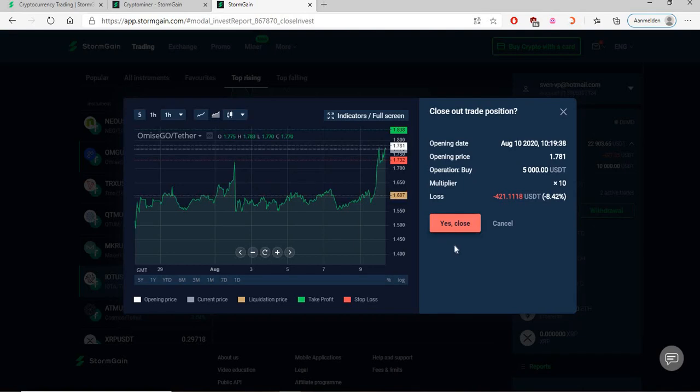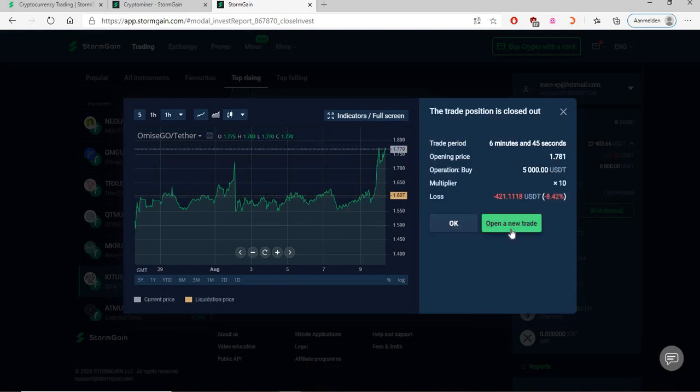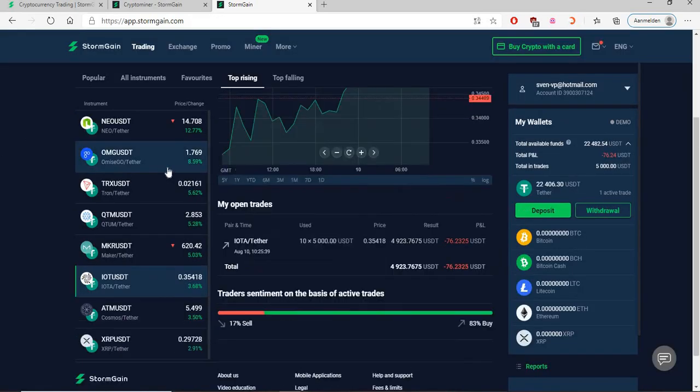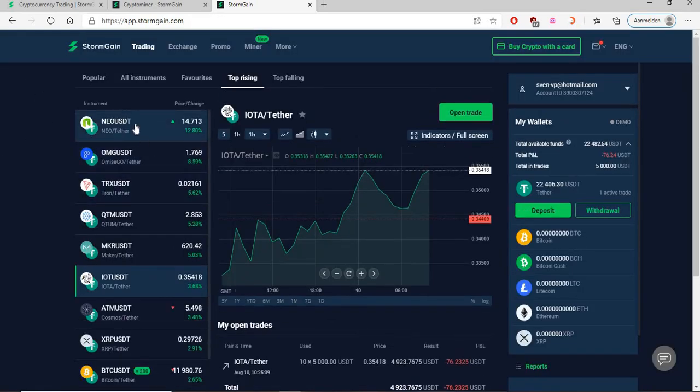I'm seeing that it's losing a bit of money here, almost 8.5% now. Yes, I'm going to close it, and I have closed it on a $420 loss.